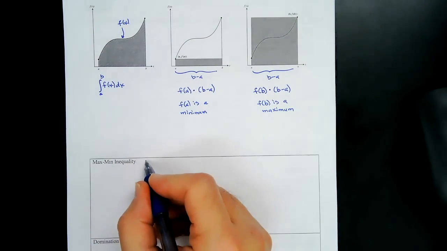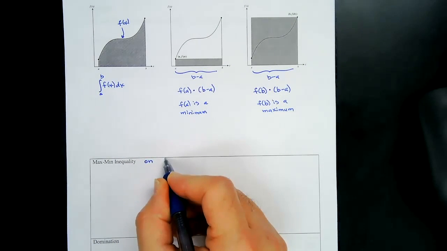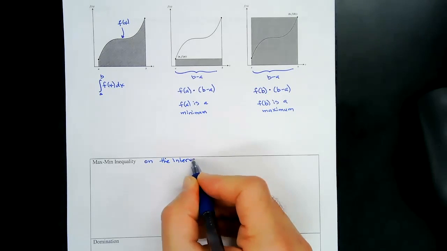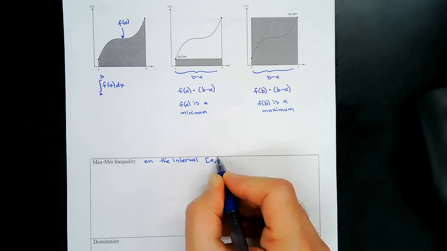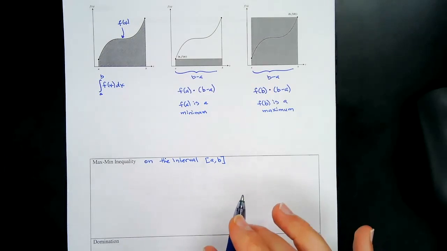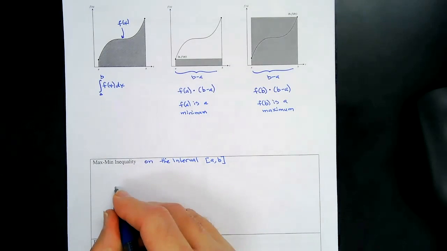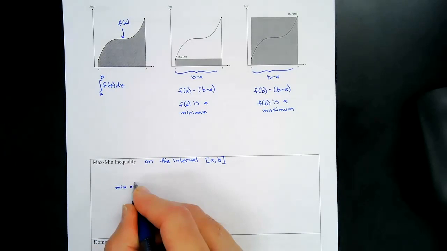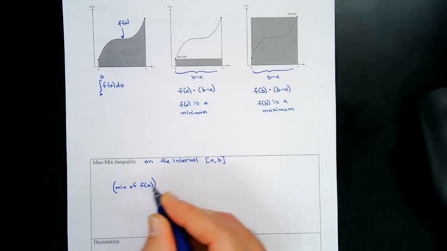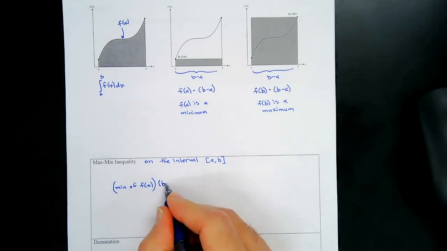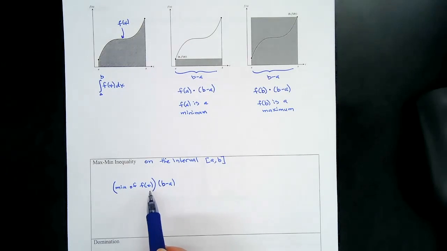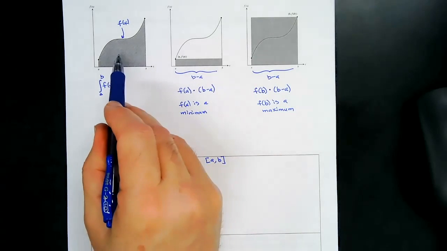So max-min inequality on the interval a to b. If we take the minimum value of f of x, whatever that might be, and we multiply it by b minus a, that area that we get from the minimum value for the function has to be smaller than my integral.